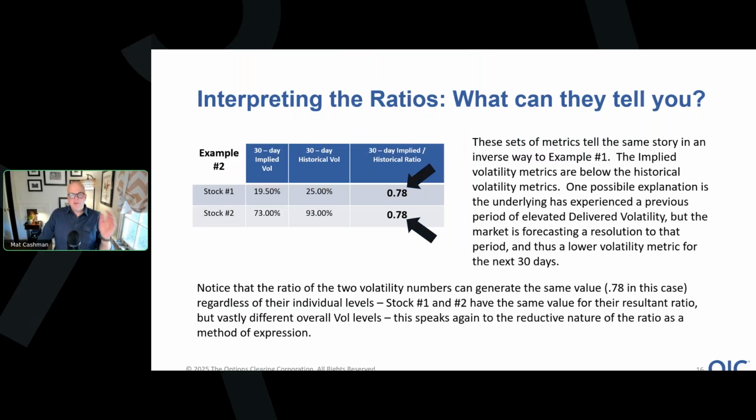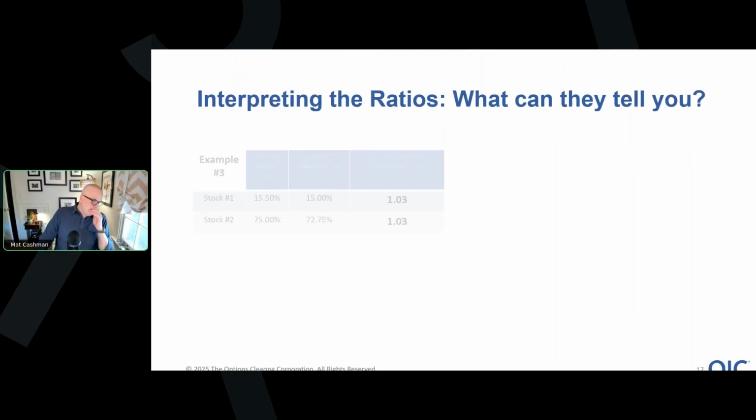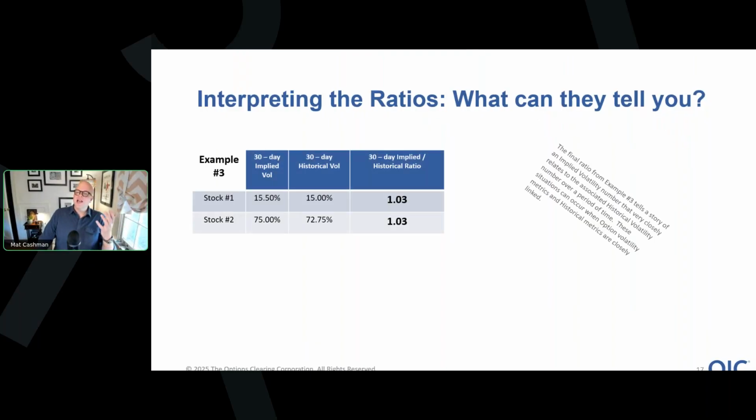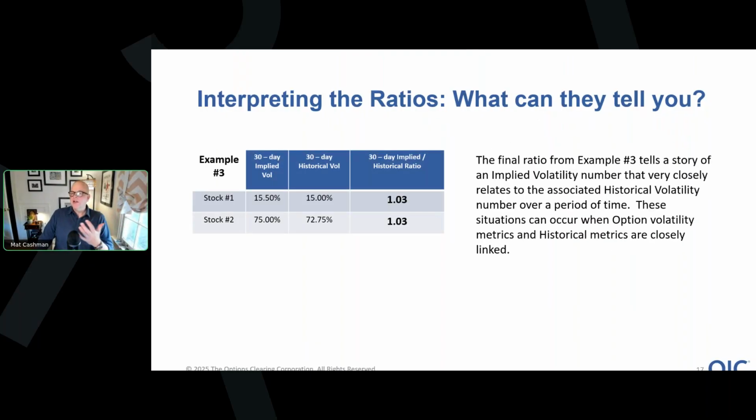What I want you to think about when you think about this is, what does this actually tell me about what's going on here? This ratio that we're talking about, this was the third one that I showed you in that first slide, is basically priced right around the same level, 30-day implied, 30-day historical, right? One of them's a 15.5, one of them's a 15, and then the other one is a 75 versus a 72.5.